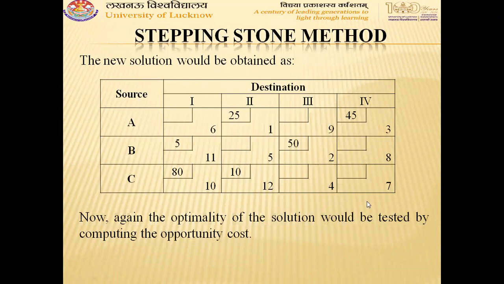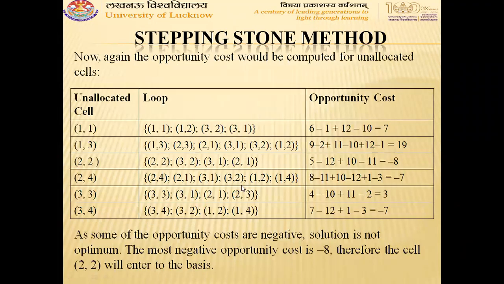Now again we check the optimality, and we have now the unallocated cells are 1 comma 1, 1 comma 3, 2 comma 2, 2 comma 4, 3 comma 3, and 3 comma 4. So for each unallocated cell we construct the loop and calculate the opportunity cost.